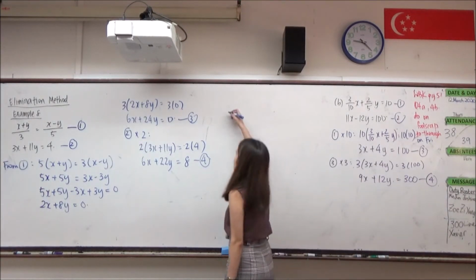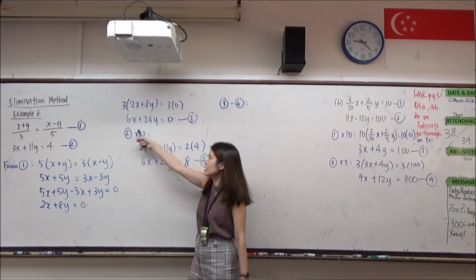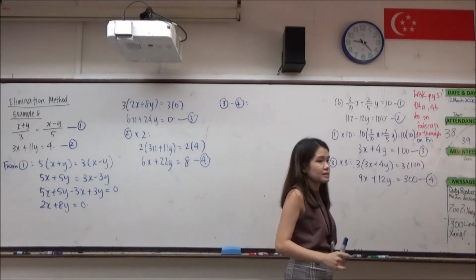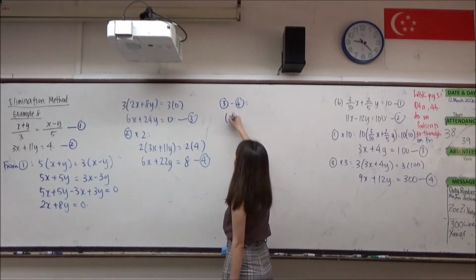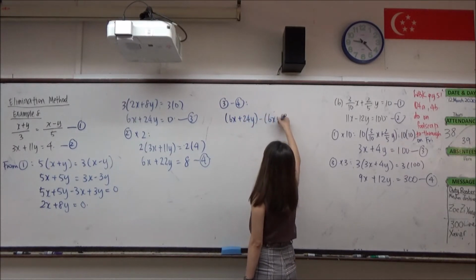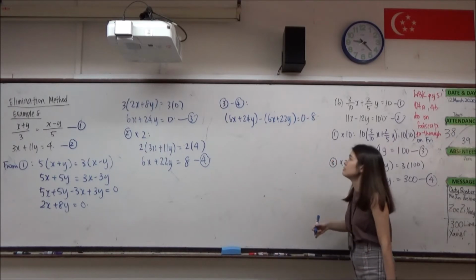Okay, very good. So we will take equation 3 minus equation 4 because we want to remove away the x and both are actually exactly positive 6x. So that's why 3 minus 4. And we have 0 minus 8.